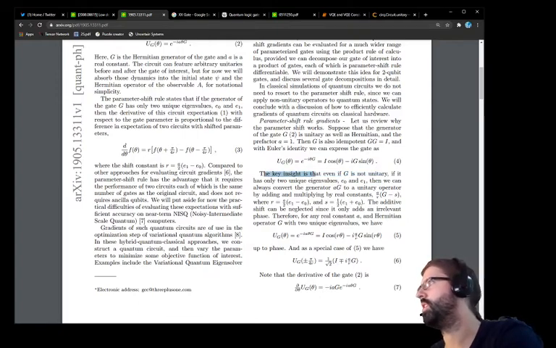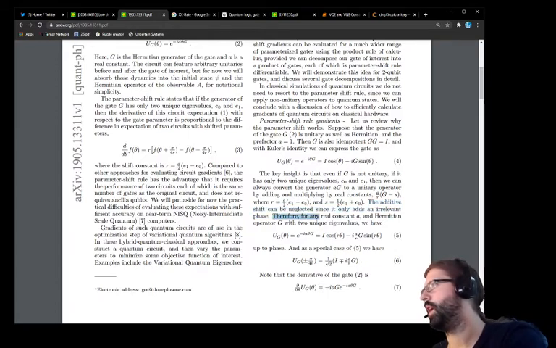The key insight is that even if G is not unitary, if it has only two unique eigenvalues, then we can always convert the generator to a unitary operator by adding and multiplying by real constants. The additive shift can be neglected since it only adds an irrelevant phase.